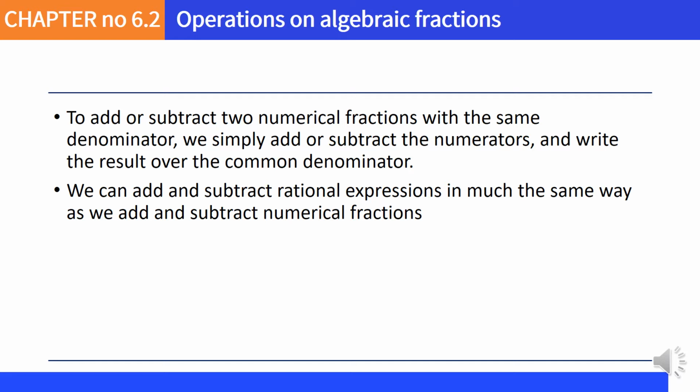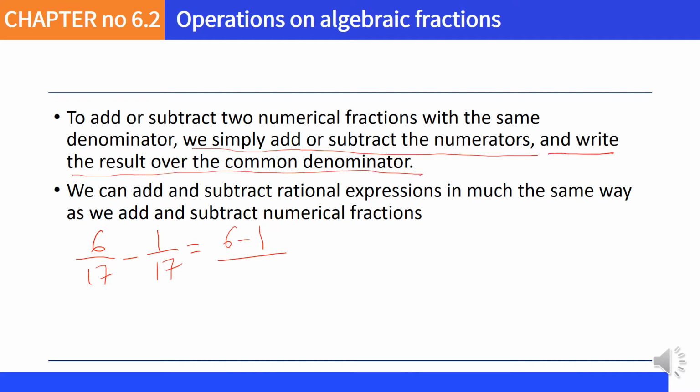Okay, let's see an example. 6/17 minus 1/17 equals, here we simply subtract the numerators and write the result over the common denominator. The common denominator here is 17. This and this are the denominators, so they are the same.